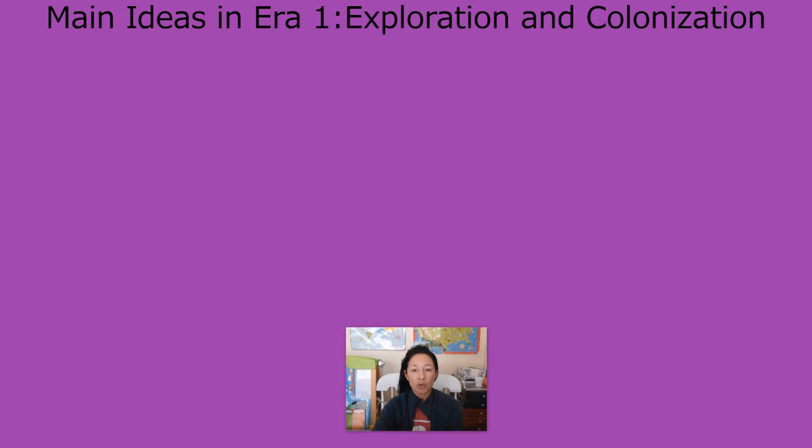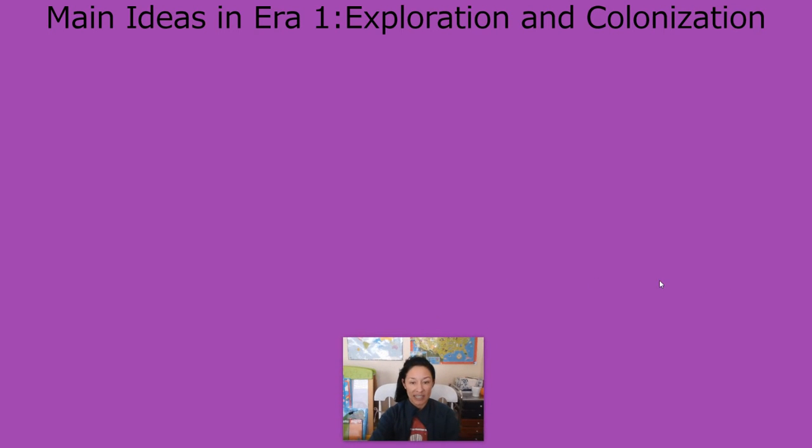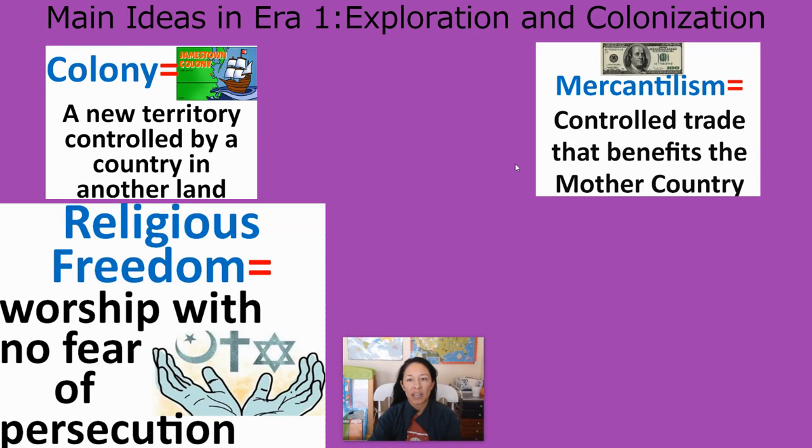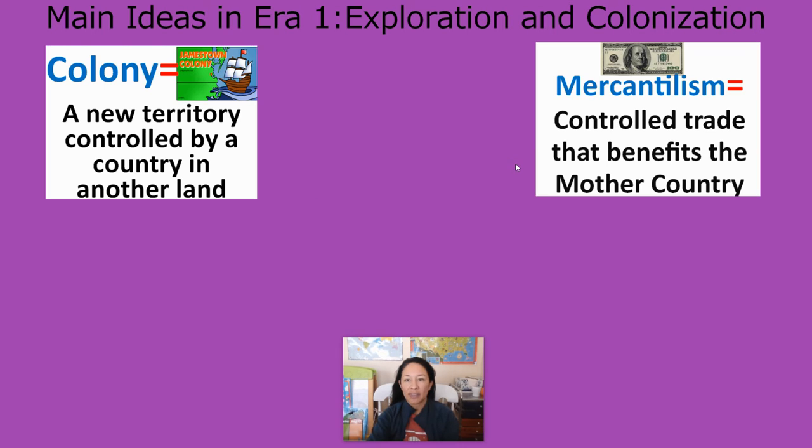In our era 1, for exploration and colonization, some of the big ideas were as follows. We talked about how colonies were set up in the New World. A colony is a new territory controlled by a country in another land. Once those were set up, we had mercantilism, controlled trade that benefits the mother country.